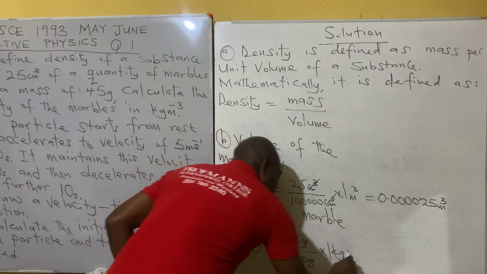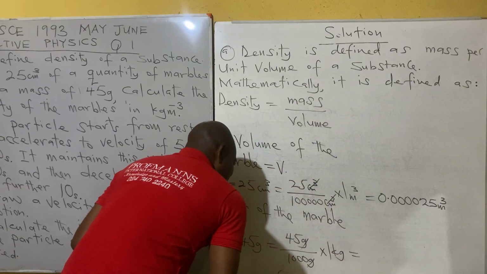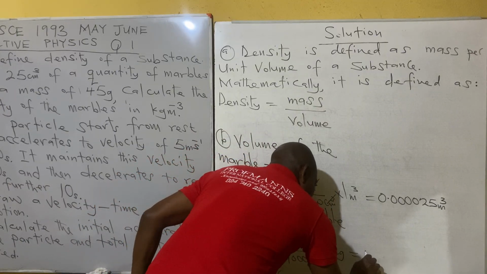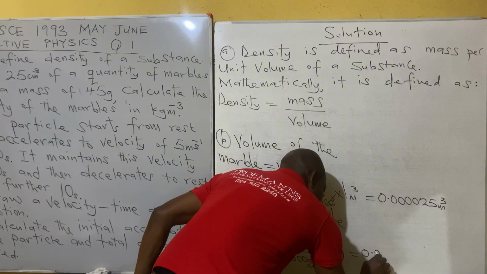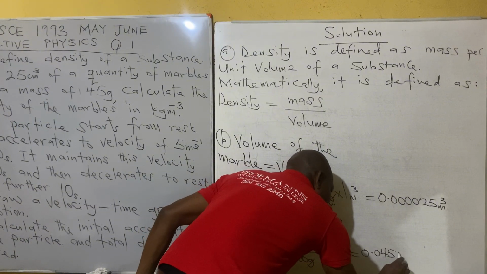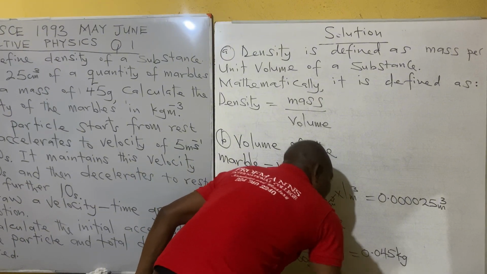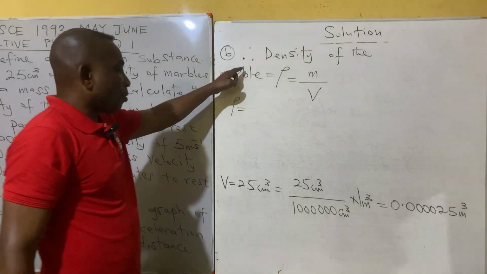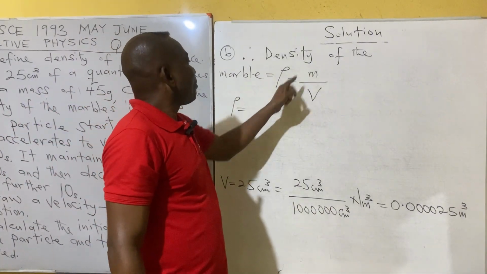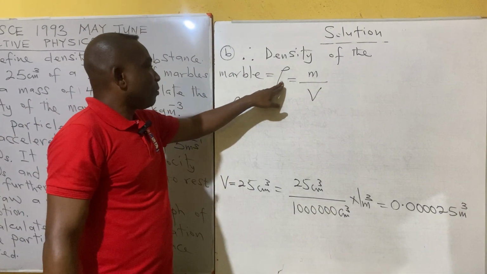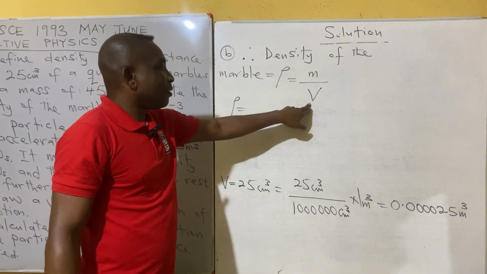Grams cancels grams. So finally, we get the mass to be 0.045 kilograms.